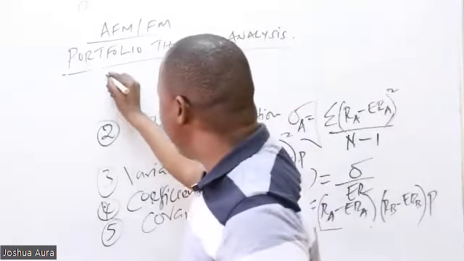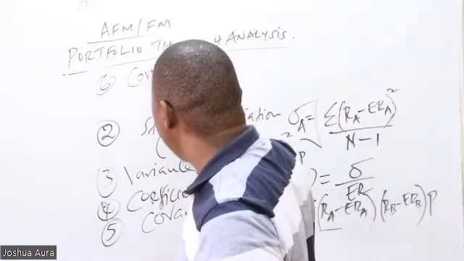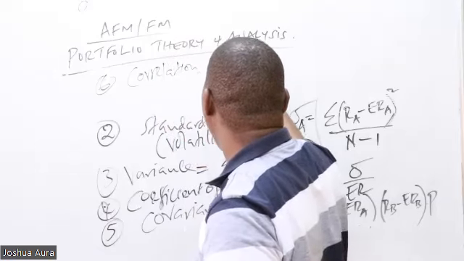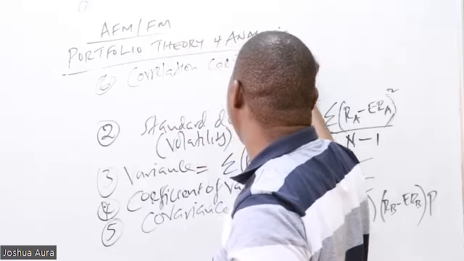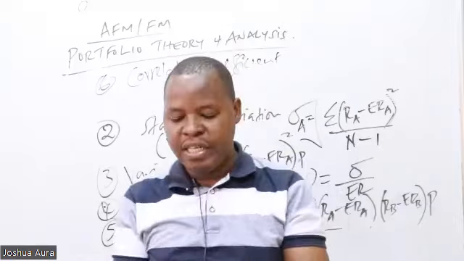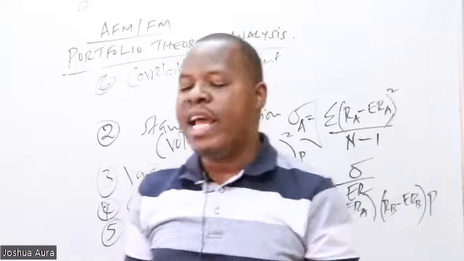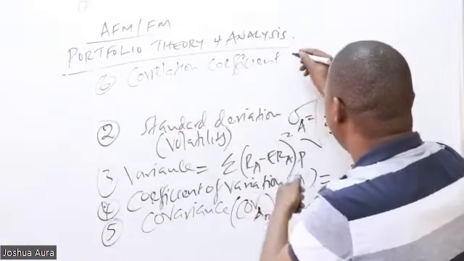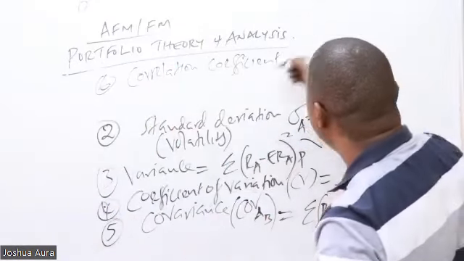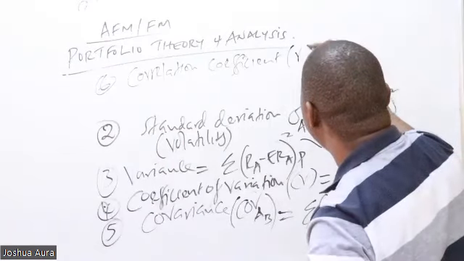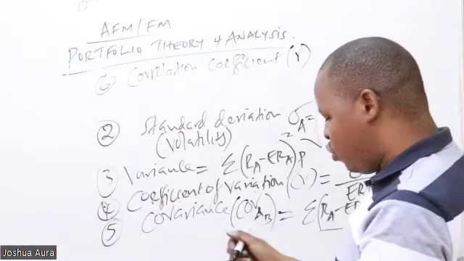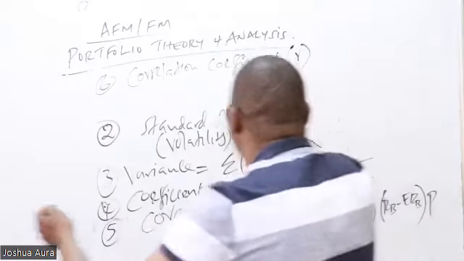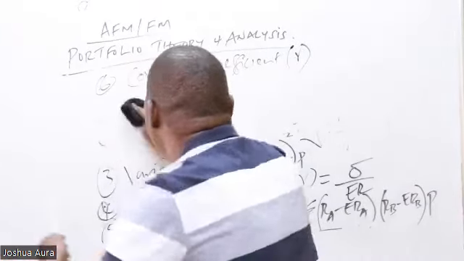So item number 6 is correlation coefficient. How do you calculate correlation coefficient? Abbreviated as R. So this is how you do the formula.